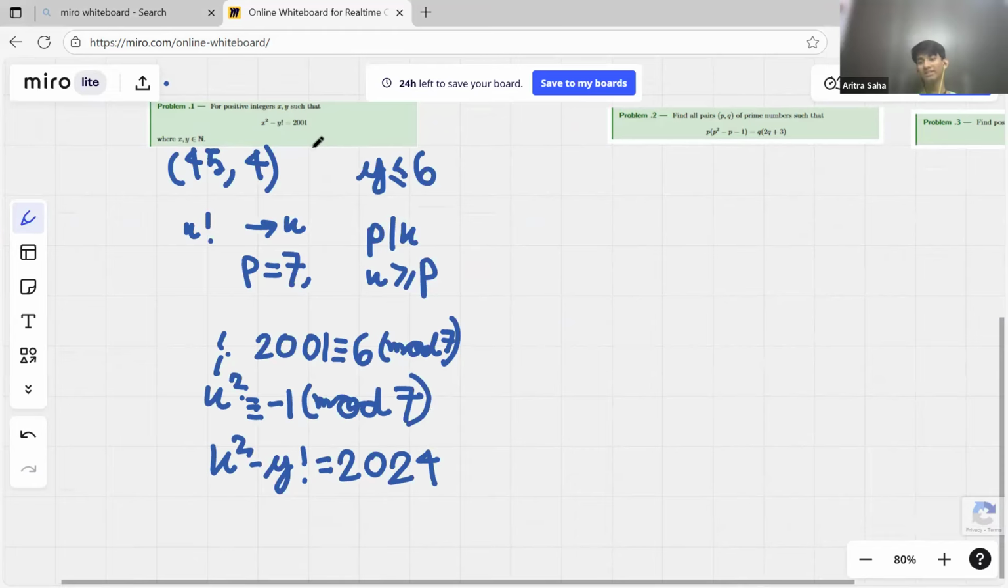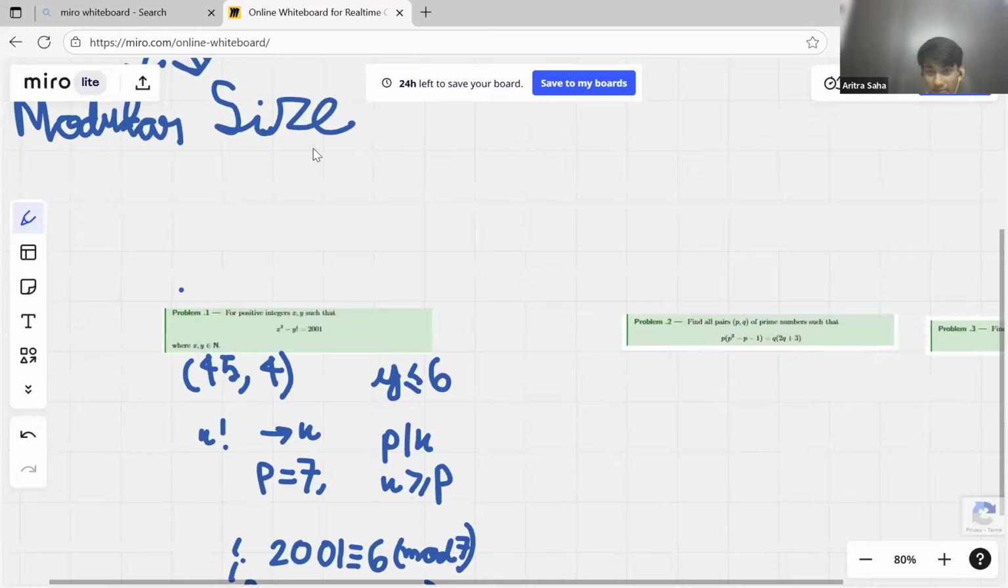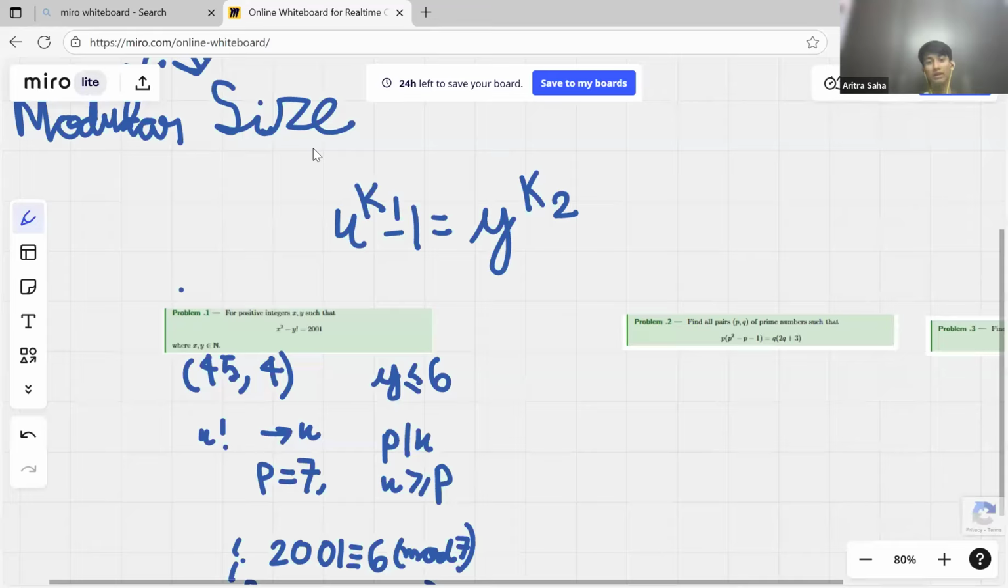So if you have factorials, it's a good sign that probably there is some modular contradiction. Now, if we look at something like x square minus 1 equal to, let's say, x to the power k1 equals y to the power k2, there may be a size contradiction.